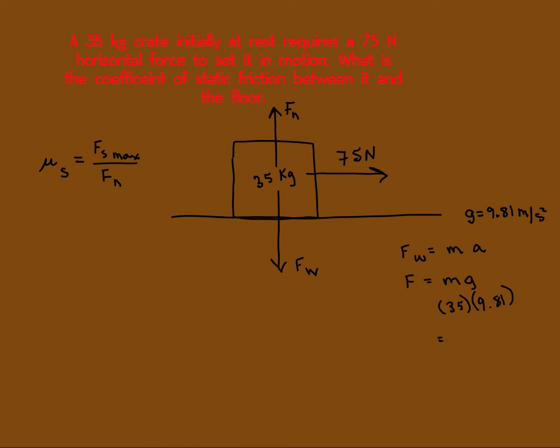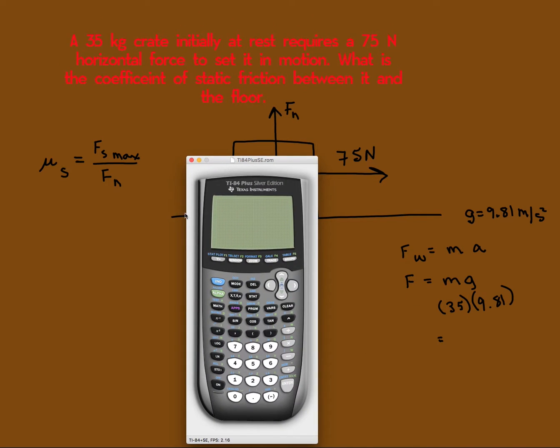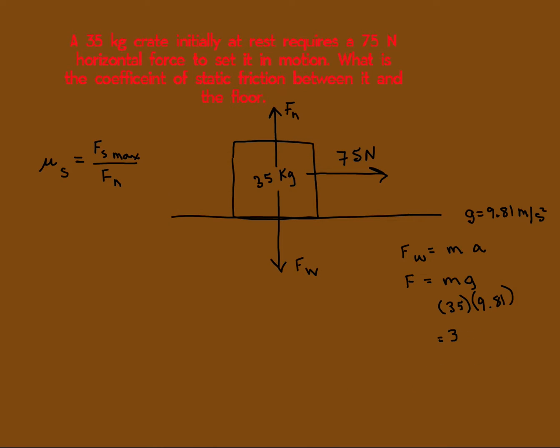Get out trusty calculator. 35 times 9.81 is 343.35. Let's just call that 343. What would our units be? Newtons, because it's a force. So this is 343 newtons.